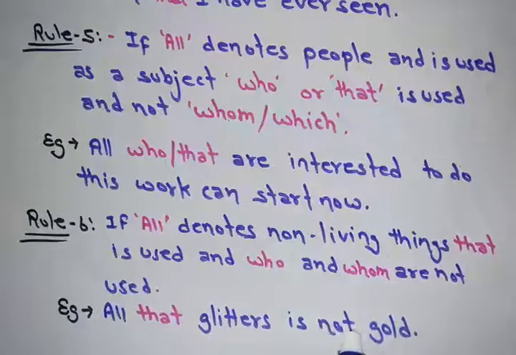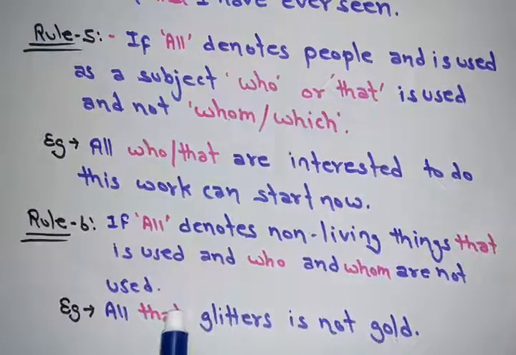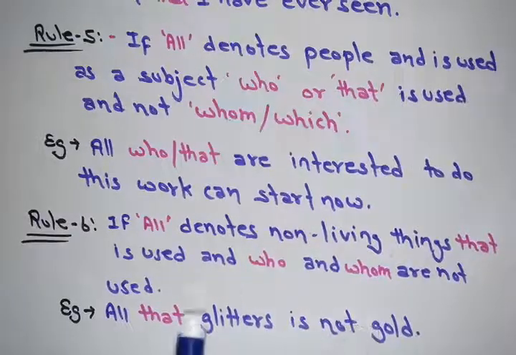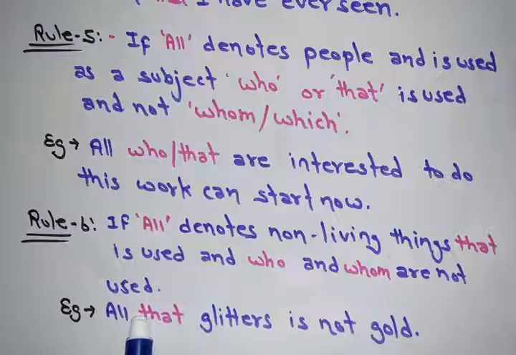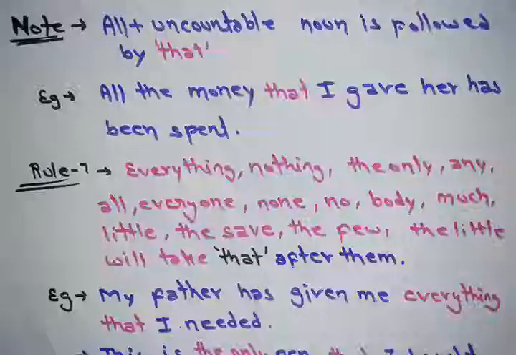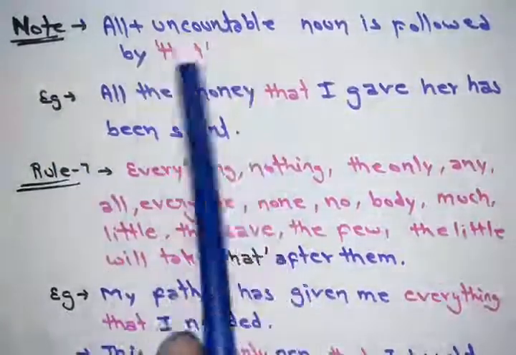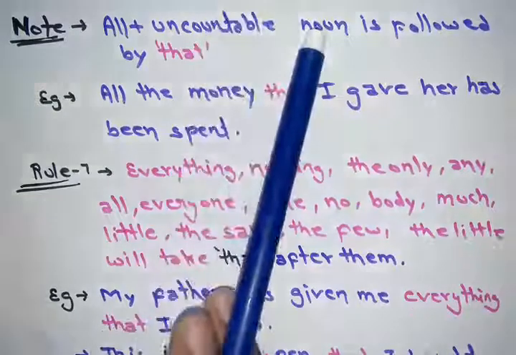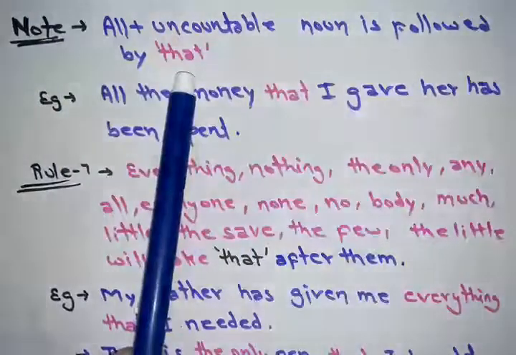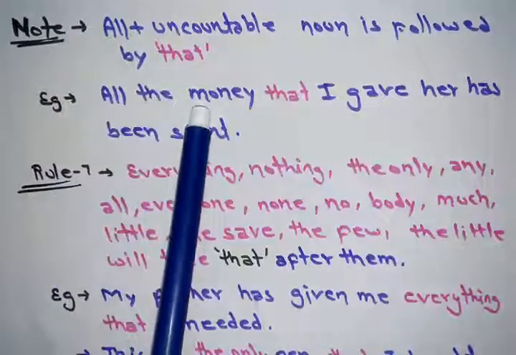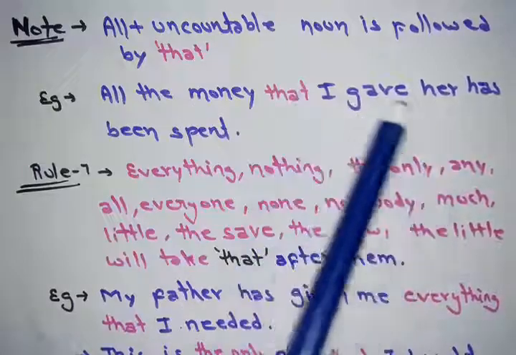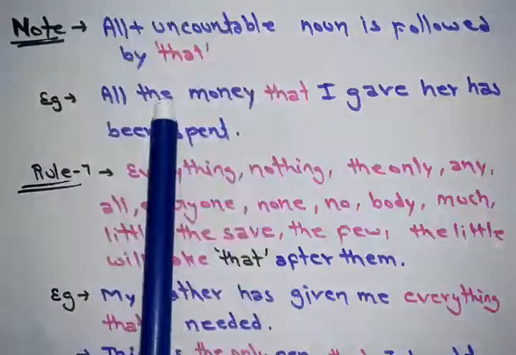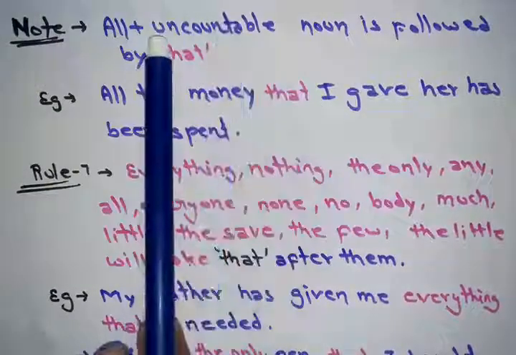Gold is not a living thing, it's a non-living thing, therefore we use that here. There is a note: all plus uncountable nouns, those that cannot be counted, is followed by that. For example, all the money that I gave her has been spent. So after all plus uncountable nouns, always use that.